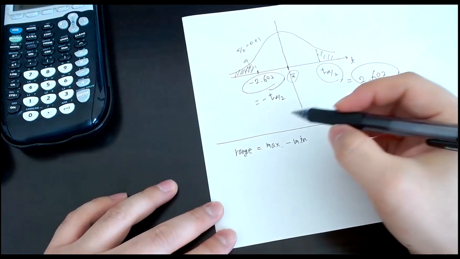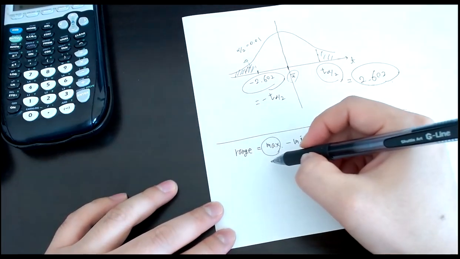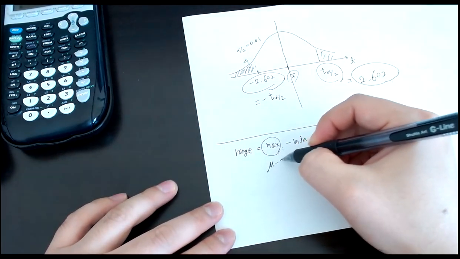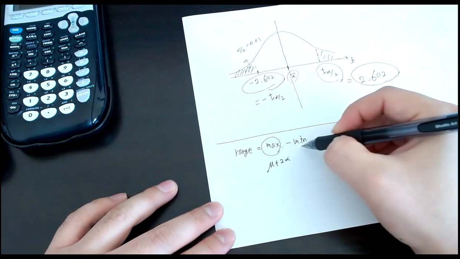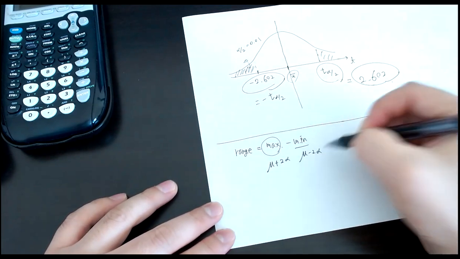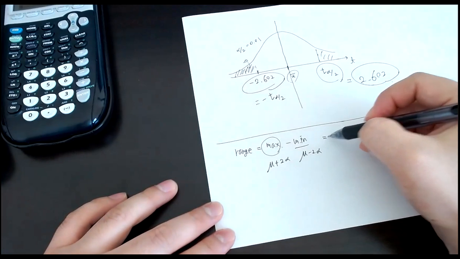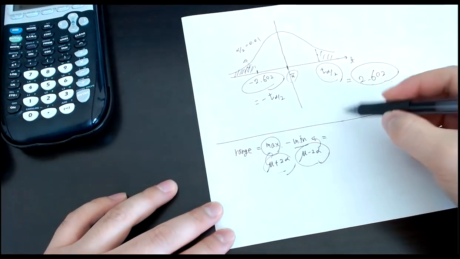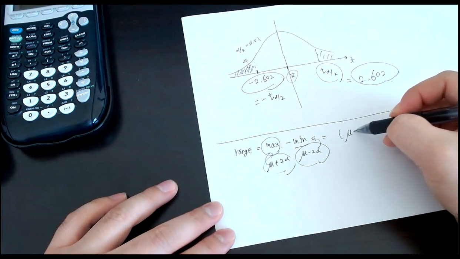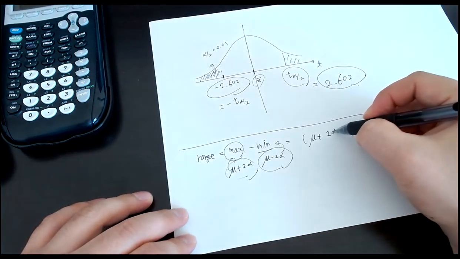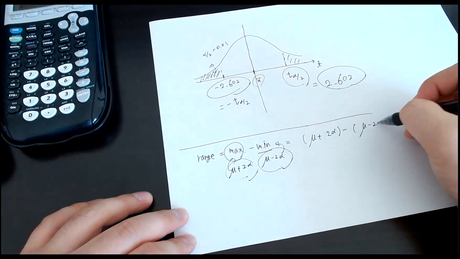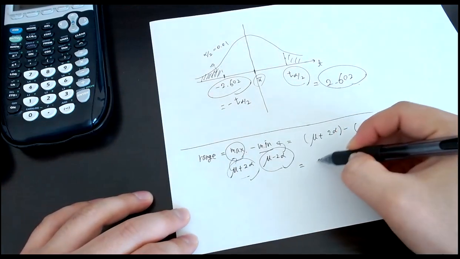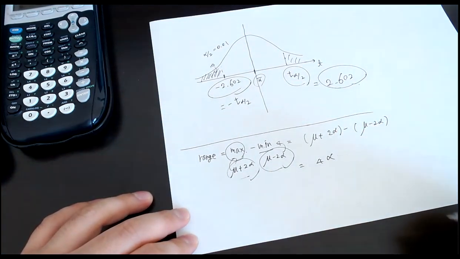We consider the maximum to be mu plus 2 sigma, and the minimum to be mu minus 2 sigma. Plugging those in, we get mu plus 2 sigma minus mu minus 2 sigma, which is 4 sigma.